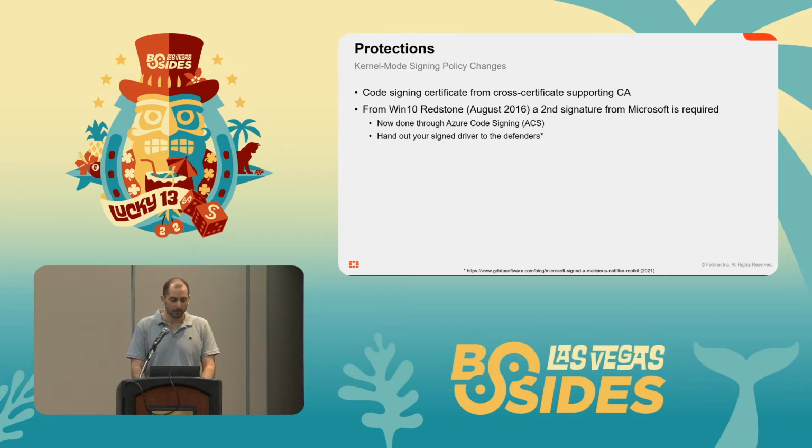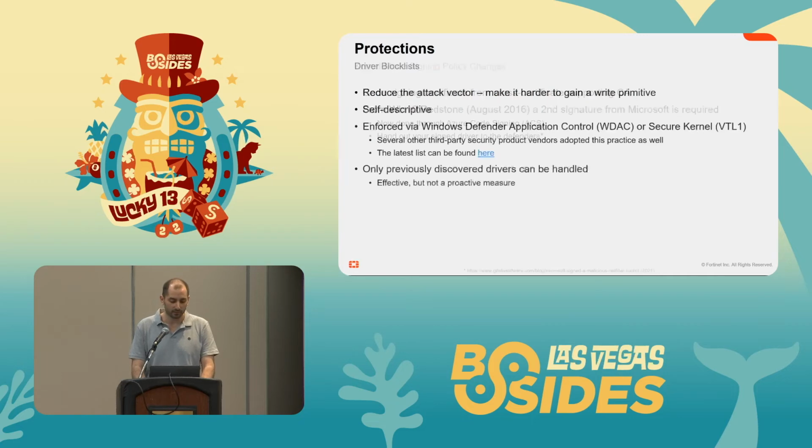But still, it didn't really help, because there are already drivers that are signed, and they can be abused, as we said. So for that, Microsoft implemented a block list, just in order to make it harder to gain that kernel write primitive.